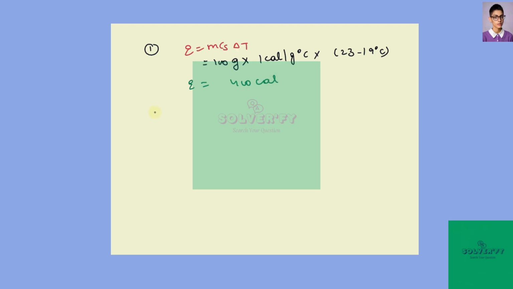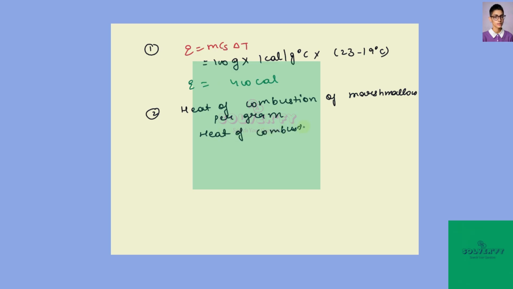Now in the second part we have to find out the heat of combustion of the marshmallow per gram. So here the initial mass is given and the final mass is given.